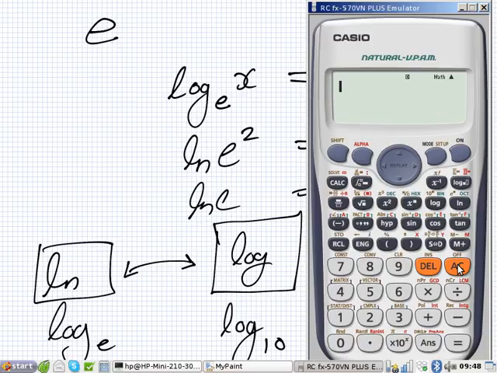Can you see here, look? This is the ln. If I type in ln 2, I get a different answer than if I type in log 2. What should I get here? Guys, look up. What should this equal? 2.